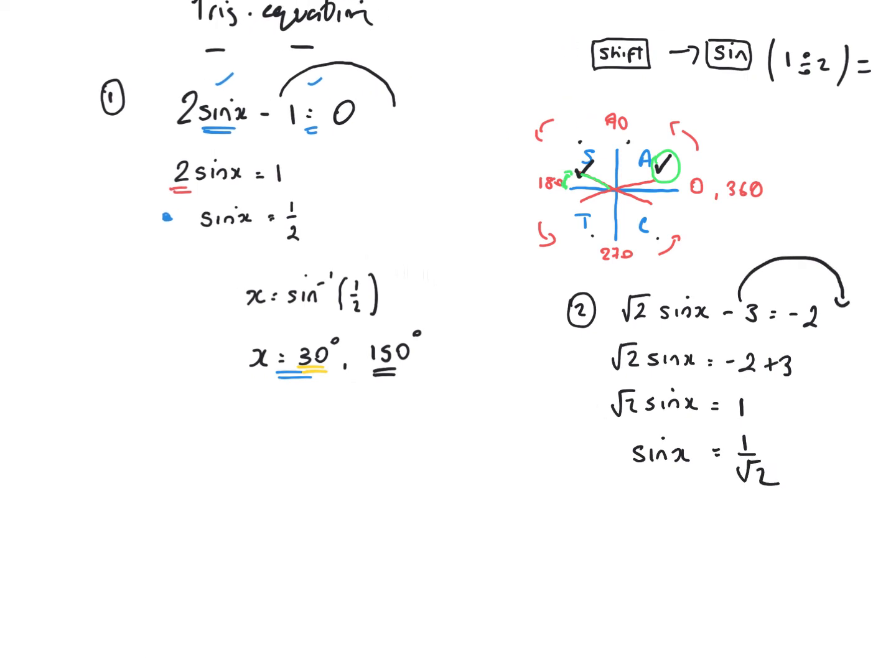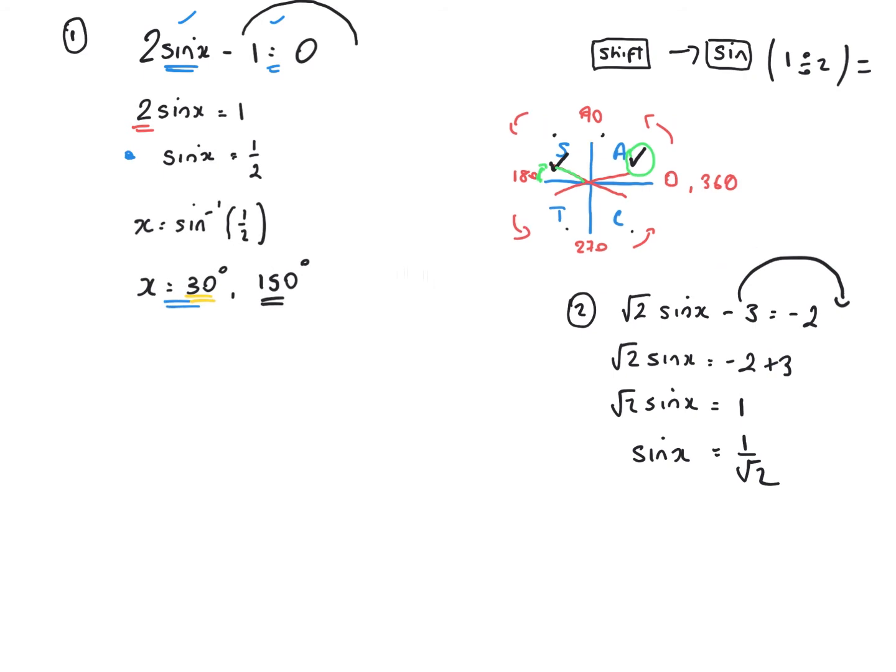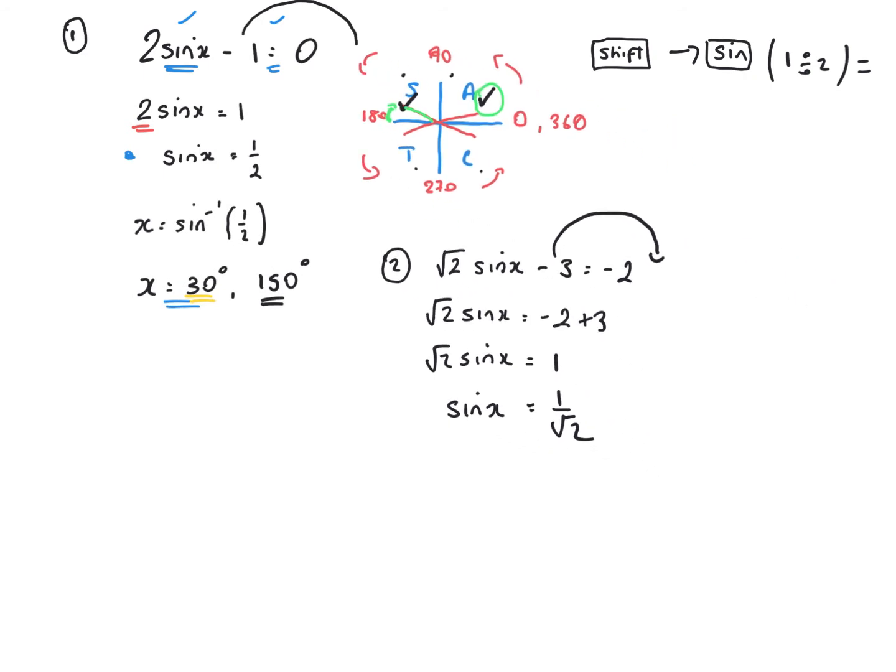Okay, so my next move at that point, if I arrived at a similar position as I was here, is to draw the CAST diagram. And again I tick off all in sine.